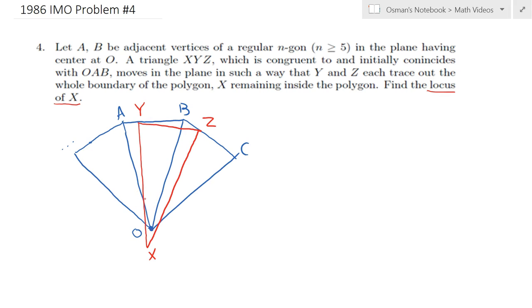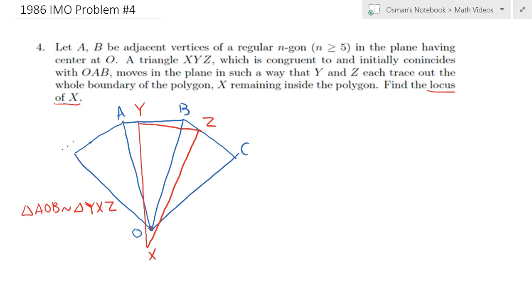So every 360 divided by n degrees, X will be back at the point O. Okay, so far let's write down the given. So we are told that AOB is similar to triangle YXZ.